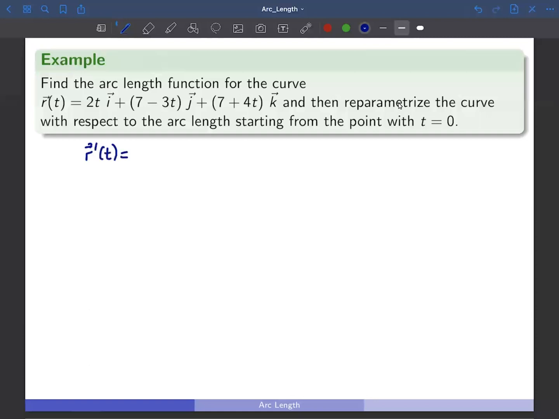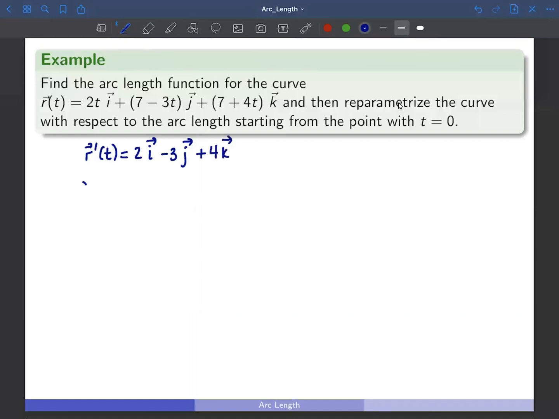So the tangent vector is equal to the vector with components the derivatives of the position vector. The derivative of 2t with respect to t gives us 2 times the vector i. The derivative of 7 minus 3t gives us negative 3 times the vector j. And the derivative of 7 plus 4t gives us 4 times the vector k.